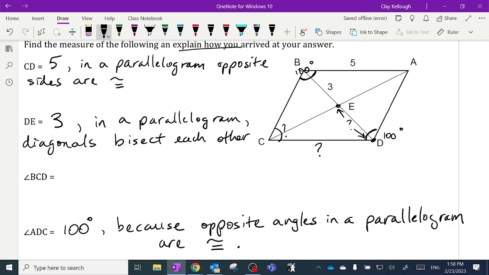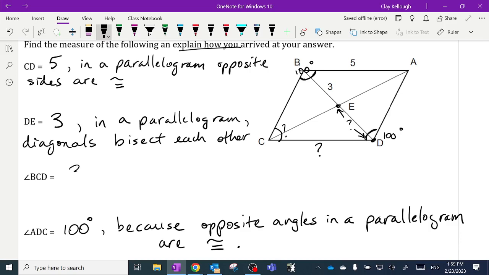And now that I know that one's 100, how do I figure out how big C is? We did this again last time in lesson 6. What do we know about all the angles altogether? They add up to 360.